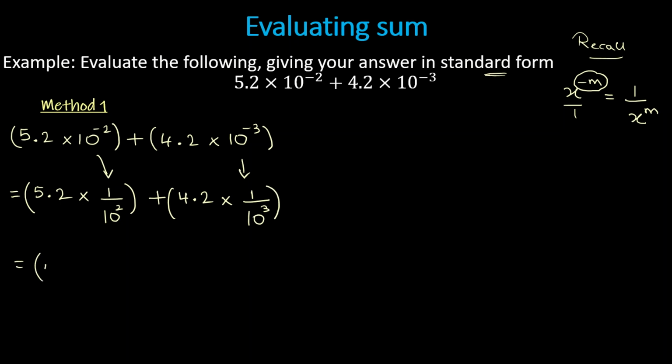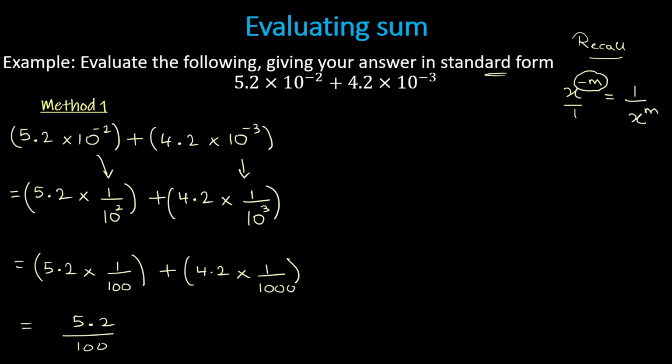And this is simply 5.2 times 1 over 10 power 2, meaning 1 over 100, plus 4.2 times 1 over 10 power 3, which is simply 1 over 1000, and this can be written as simply 5.2 over 100 plus 4.2 over 1000. Right? Now we convert both fractions to decimals.